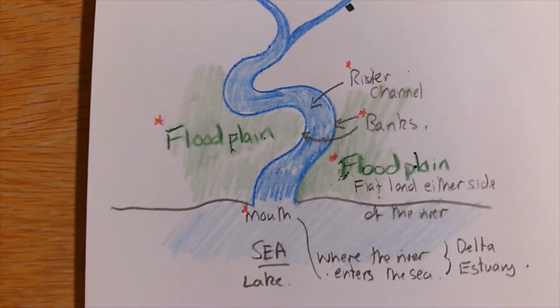So before we do that, a quick few questions to get you all on board. What is the name of the landform that contains the river's water? Very good, it's the river channel. And what do we find either side of the river channel that helps to hold the water in the channel?